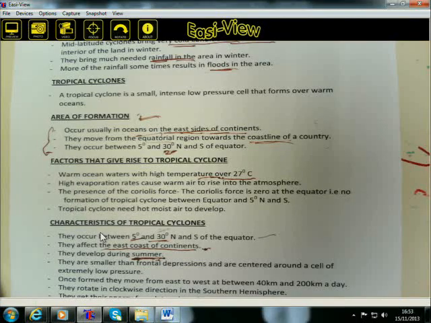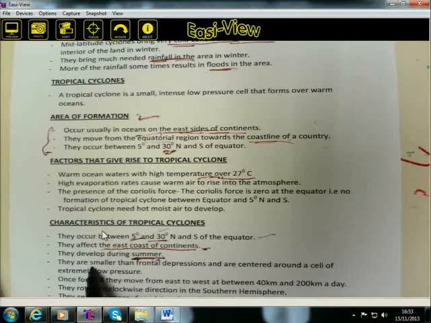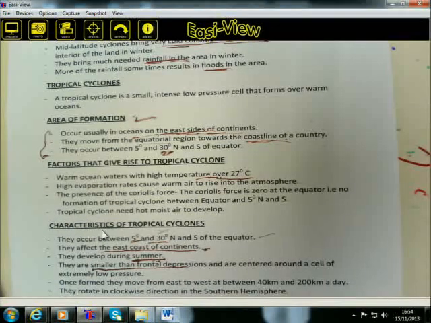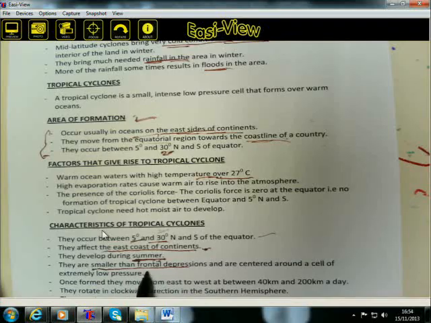The other one, they are smaller than the frontal depression, meaning the tropical cyclones are smaller than the mid-latitude cyclone in size. If you compare the area covered by the mid-latitude cyclone and the tropical cyclone, although they are both low-pressure cells, the tropical cyclone is smaller in size.